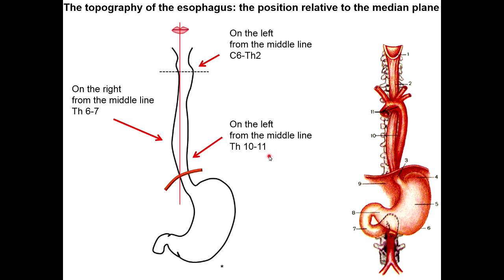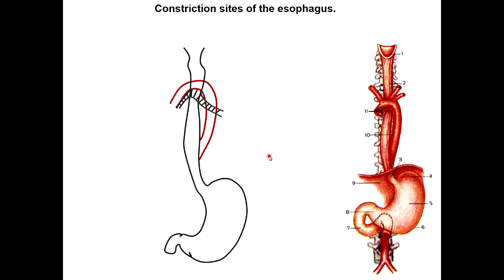The next very important question, constriction sites of the esophagus. Because esophagus is quite large in length tubular organ, it has several narrowing parts.